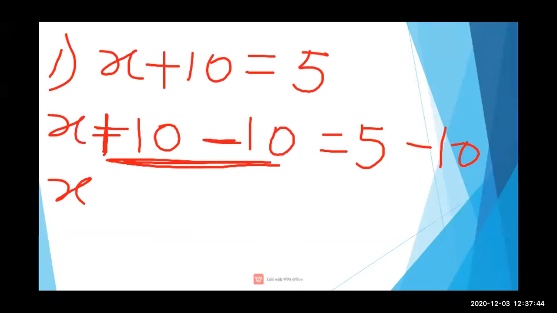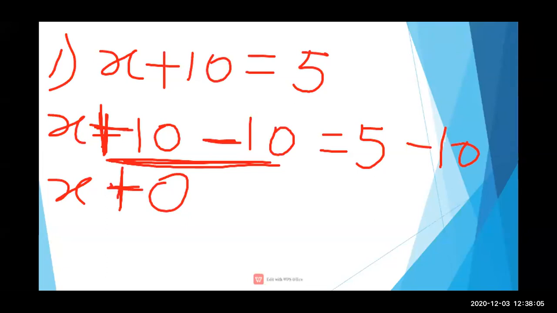So what will you write? Plus 0. See here, plus minus is minus. So 10 minus 10 is 0. The bigger number is 10, so what is its sign? Plus. So you will write the plus sign here. Have you understood?